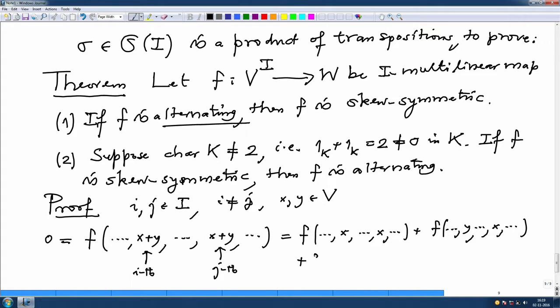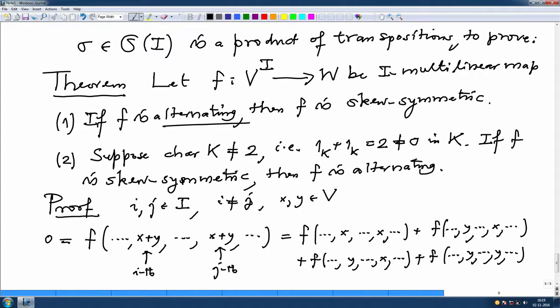Now, I have two more things: plus f of x and y, plus f of y and y. This is simply because I use multilinearity here and multilinearity here. This will give 2 terms, this will give 2 terms, altogether 4 terms.